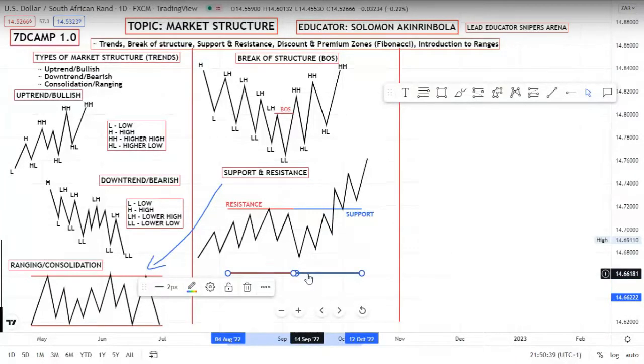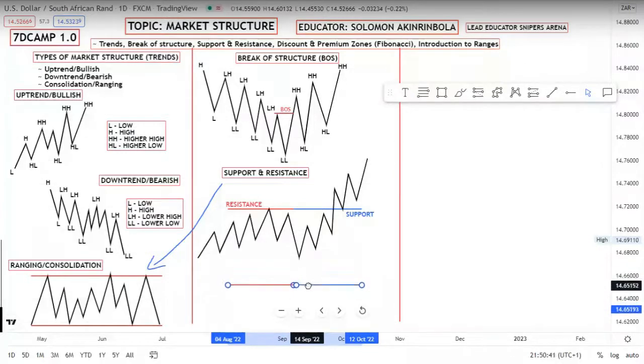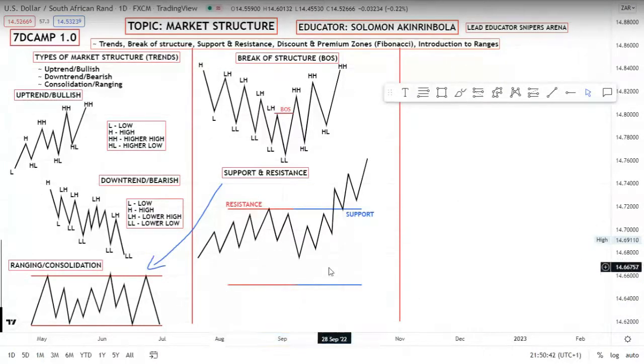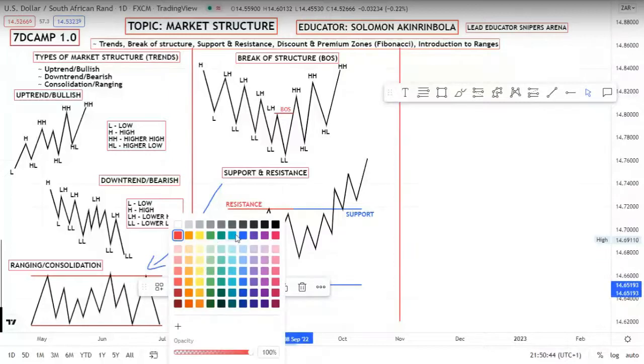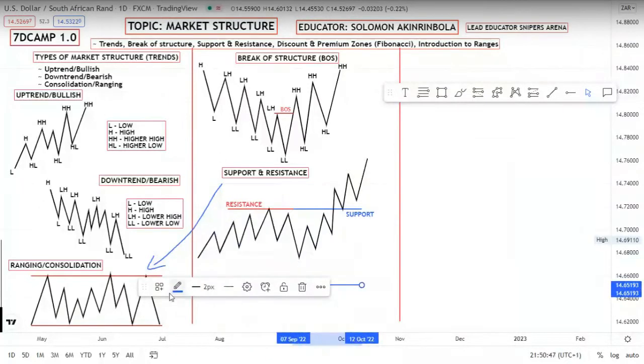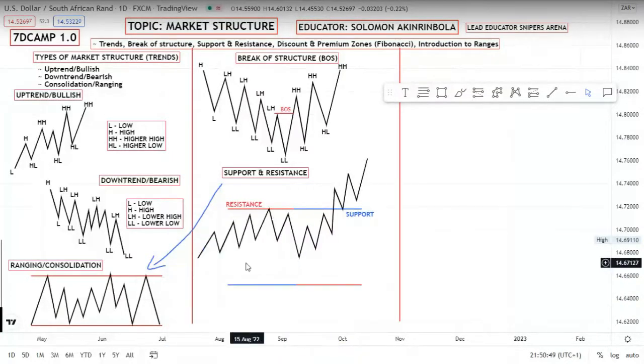Sorry. Let's make this blue and let's make this red. So we have this gentle guy coming downwards. Then the support kicked him back. Then the guy went to tell his godfather.